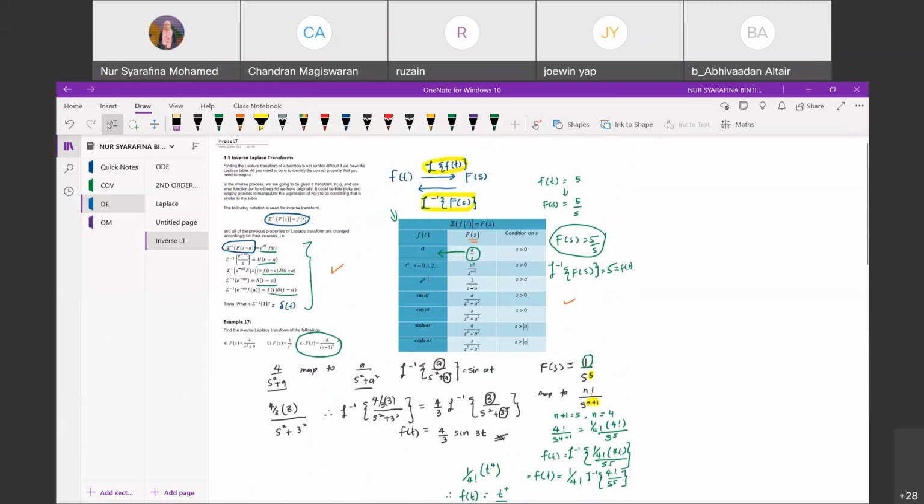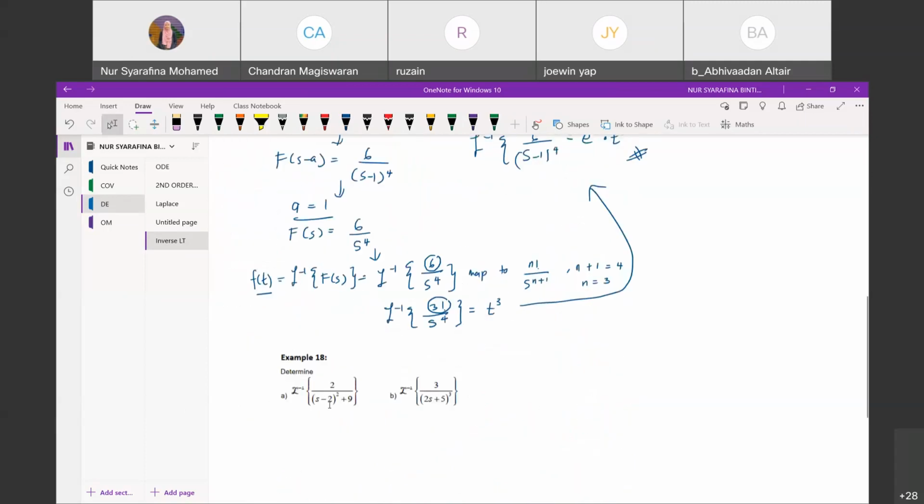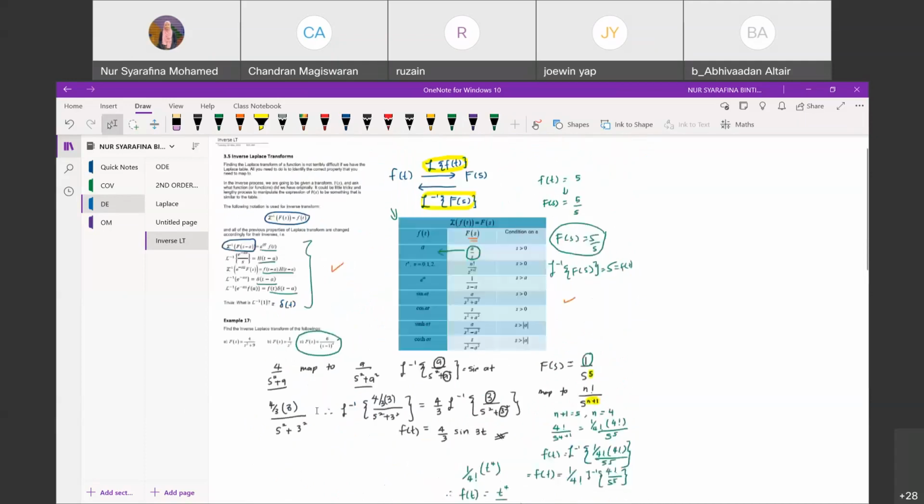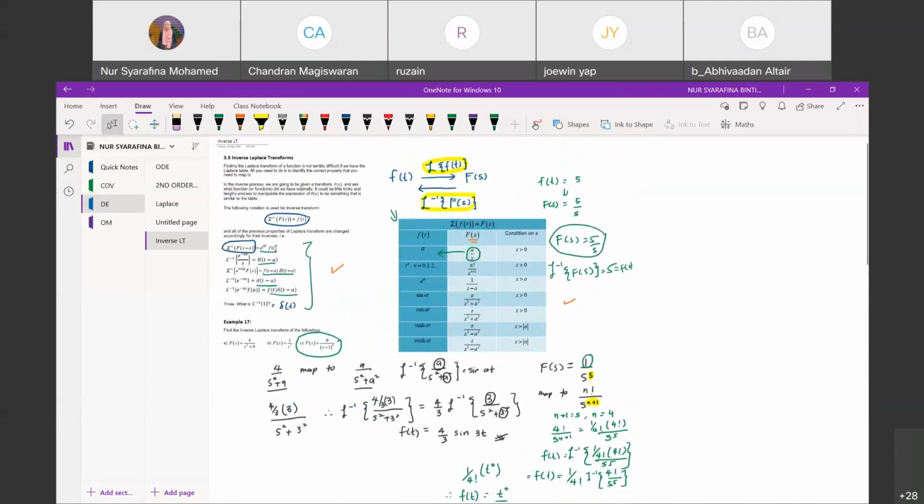First, you have to make sure that it has the same form as the function F in the table or in the properties. Otherwise, you can try the properties of F(s minus a) here. This is the only function that can match this one, because the rest have a unit step function, where you will have a piecewise function.